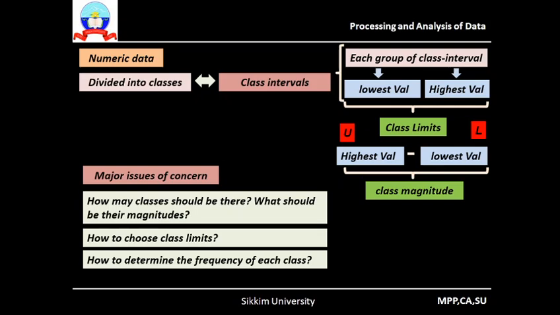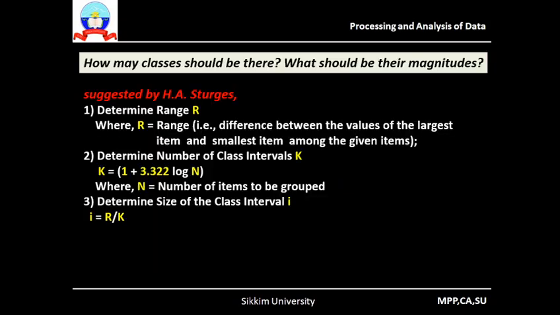And third, how to determine the frequency of each class. Now, there is a method suggested by H.A. Sturges, which includes 3 steps in order to determine the number of class intervals, or number of classes, and to determine the size of the class interval.